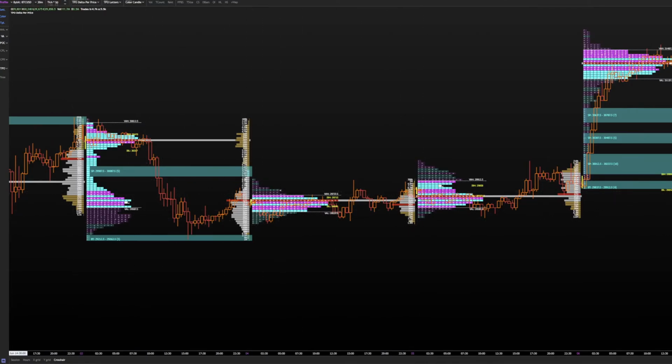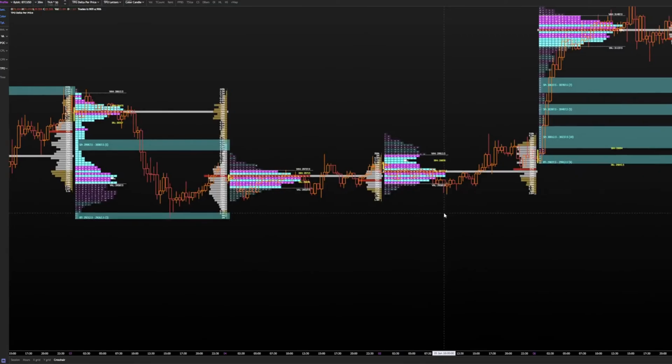Weekend days. You'll see this quite often as well, so something to take note from this is weekend days. Typically speaking, you will see inside days. So like this is an inside day of this. Inside day and no buying tail or selling tail. And you'll see this quite often, which is why it's quite obvious when you see a weekend on TPO profiles, because you'll see this quite frequently.